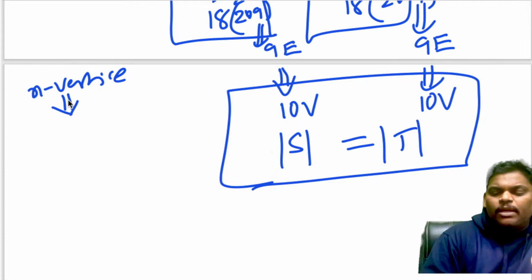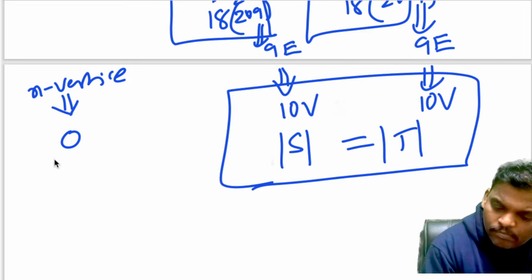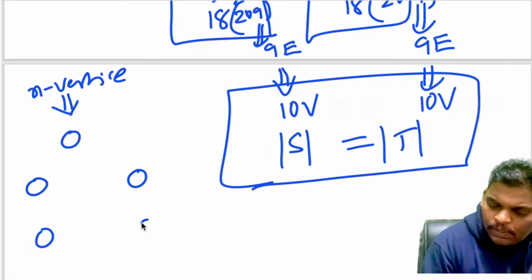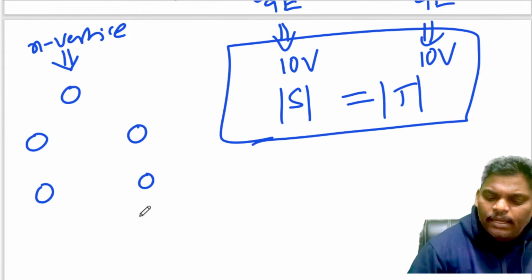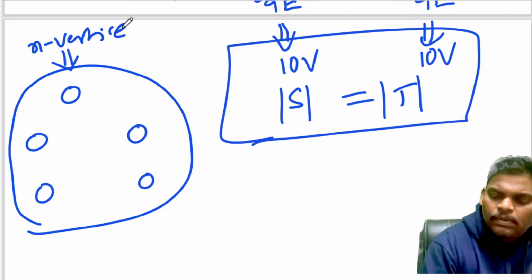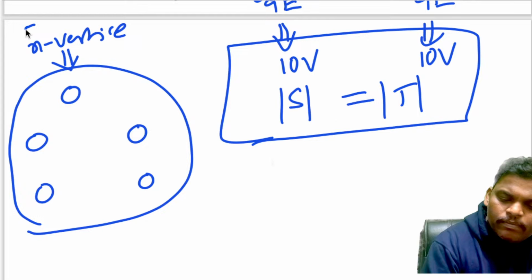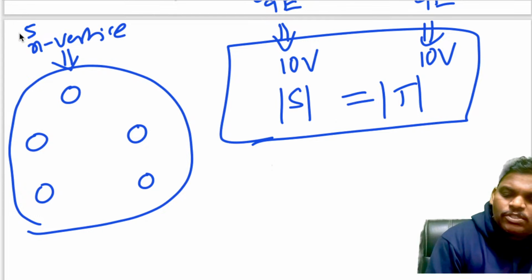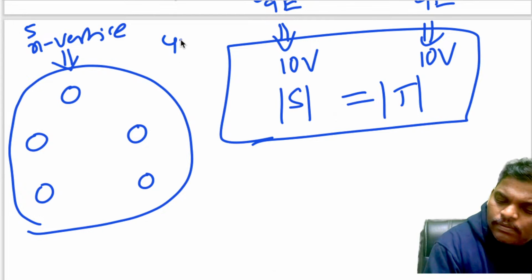Let me give the answer. Here n value is 5. 5 vertices are there, so the spanning tree contains 4 edges.